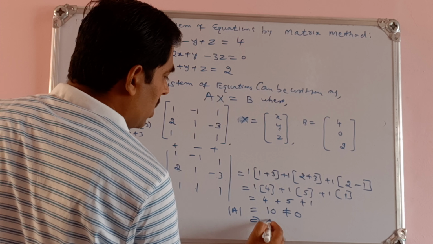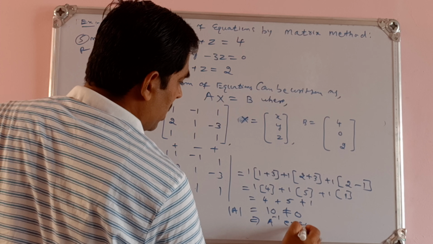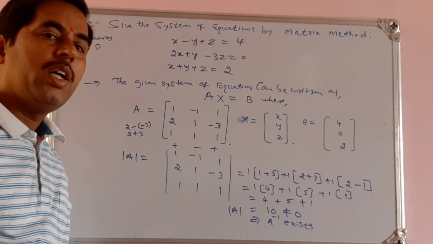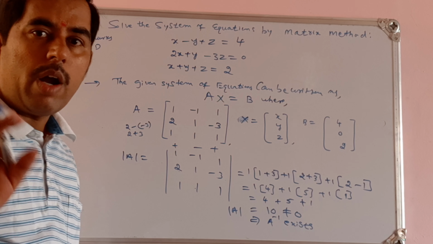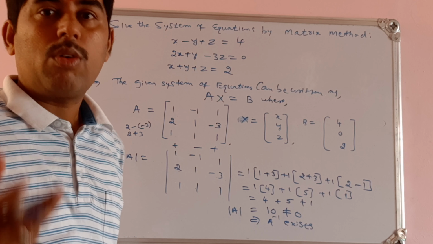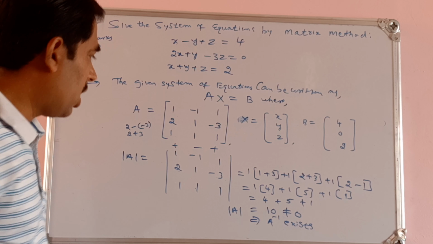This means A is a non-singular matrix and A inverse exists. So we have to find the inverse of the matrix. To find the inverse of the matrix, what we have to do? We have to find the adjoint of A. To find the adjoint of A, we have to find the cofactors. So A11, A12, in that way.